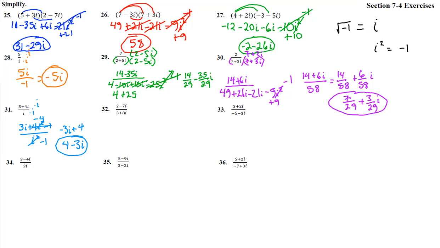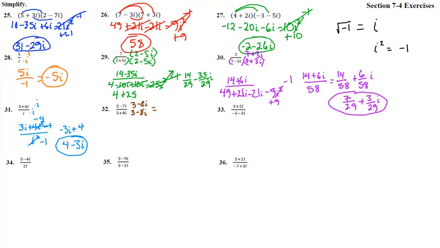Okay, so the next one. We got number 32 here. Ooh, these look like they're going to get a little bit bigger because we got a binomial on the top and the bottom. So times by the conjugate, 3 minus 8i, on the top and the bottom.